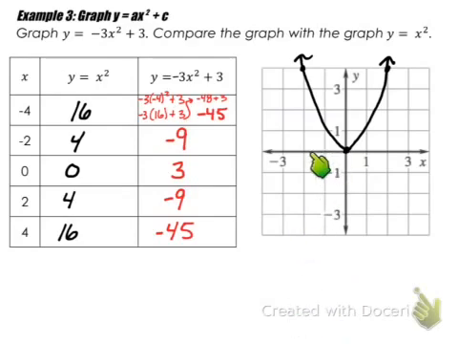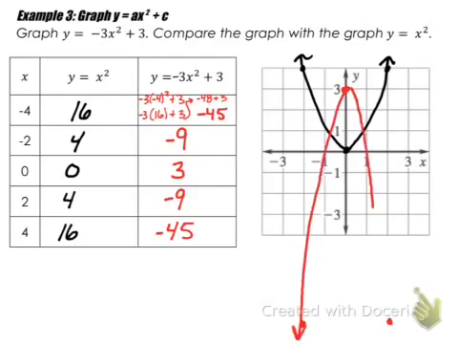When x is negative 2, y is negative 9. Then my next point is at 0, 3, which is way up here. And on the other side, we have 2, negative 9, and then we can't graph 4, negative 45.